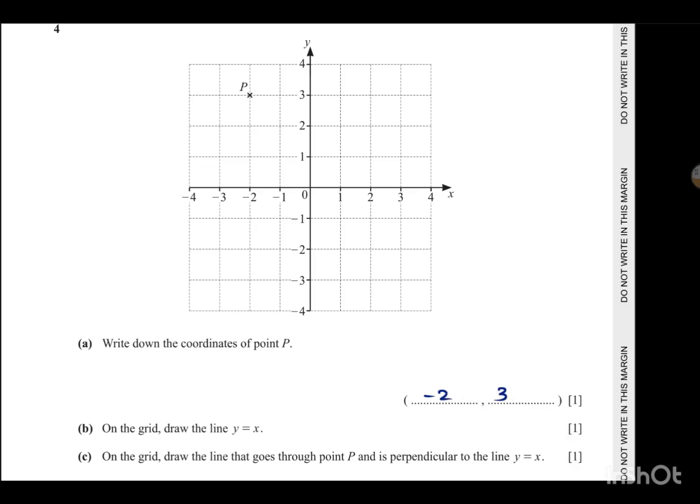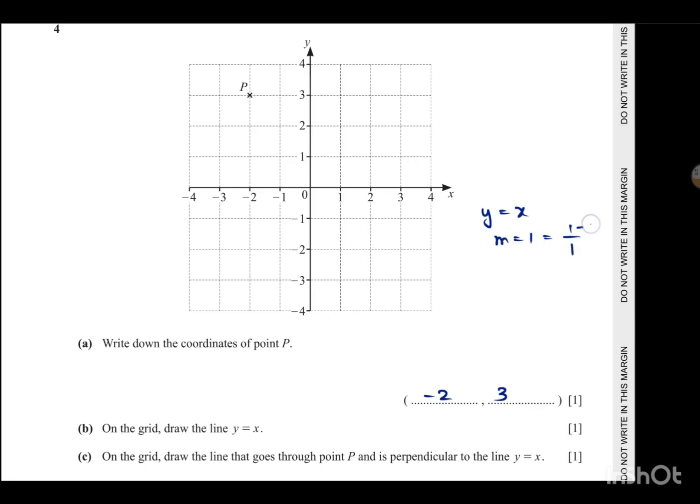Question B: on the grid draw the line y = x. The line y = x always passes through the origin, and the gradient of this line will be 1 by 1. That is, in y = x, the m value is 1, which means it is 1 by 1.